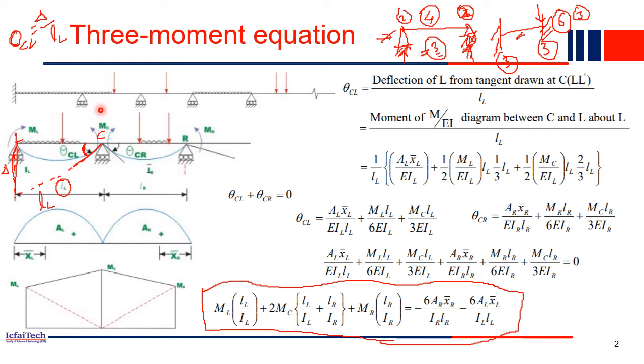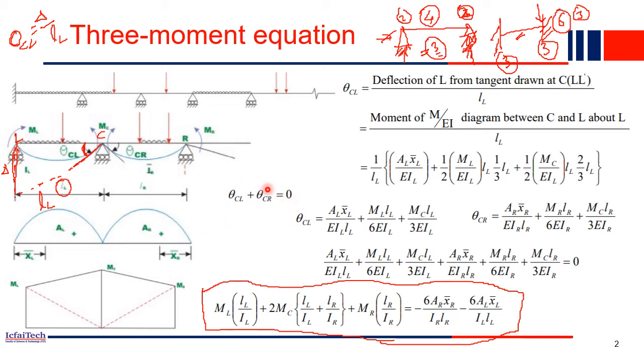Indeterminate means using only the equilibrium equations we cannot find the shear force diagram, the bending moment diagram, or the reactions. So we need some extra equations to solve them, and those we call compatibility equations. For example, here in this beam we applied one compatibility equation.